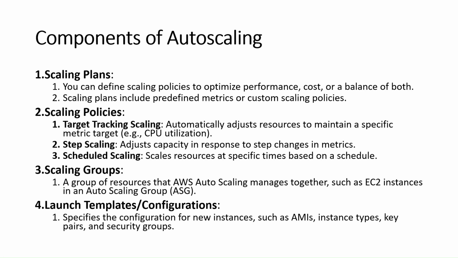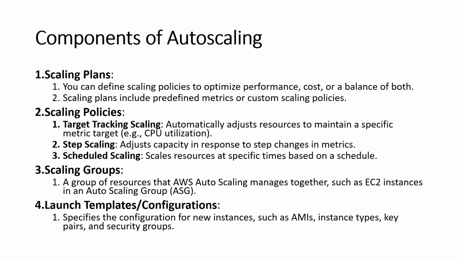Launch template or configuration. Specifies the configuration for new instances, such as AMI, instance type, key pairs, and security groups. So it defines how the new instances are set up when they are launched by autoscaling. So it's specifying settings like a machine image, Amazon Machine Image, instance type, security groups, and key pairs.